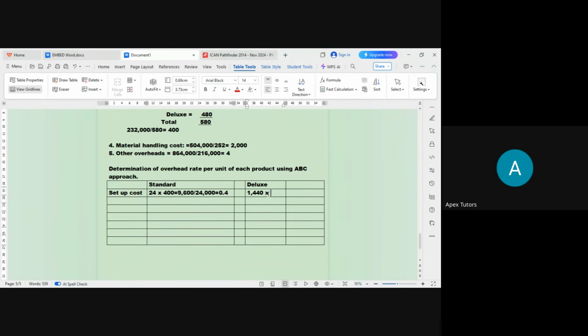Now the cost driver rate, how much? 400. So overall, 576,000.